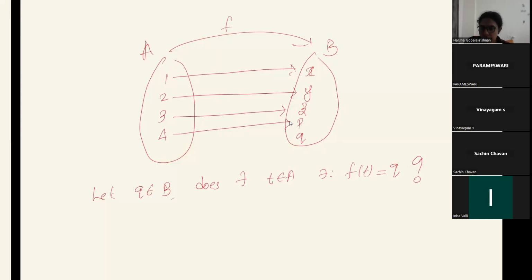You can see the mapping here, right? No, because 1 is mapping to X, 2 to Y, 3 to Z, and 4 to P. There is no element mapping to Q.